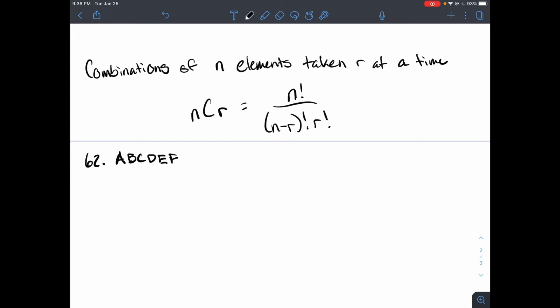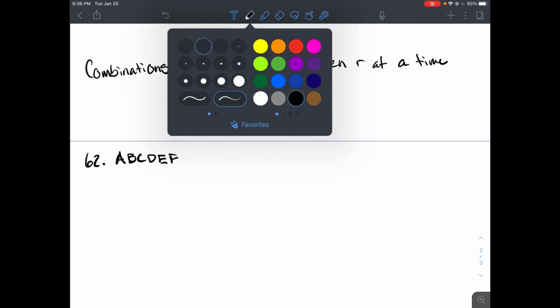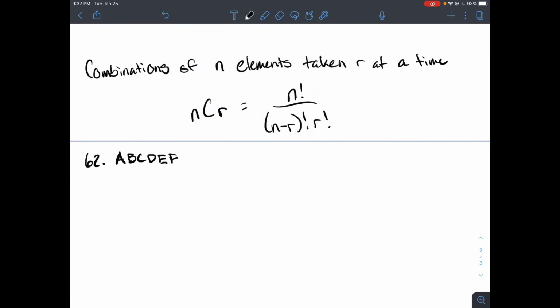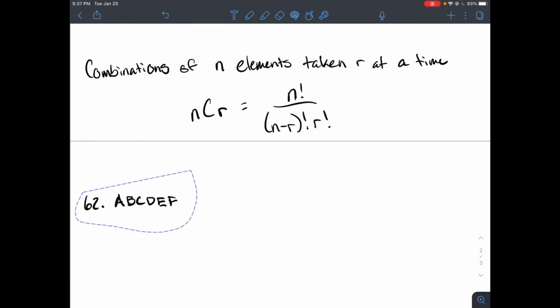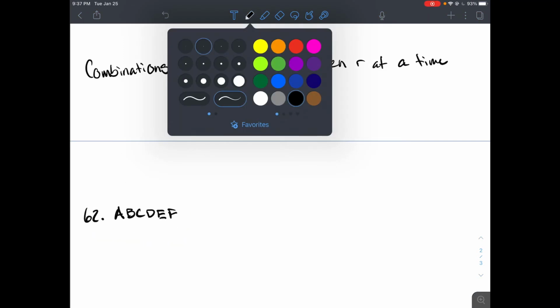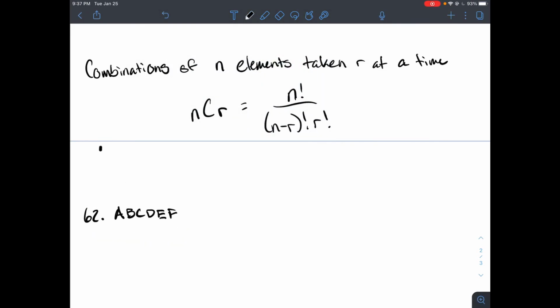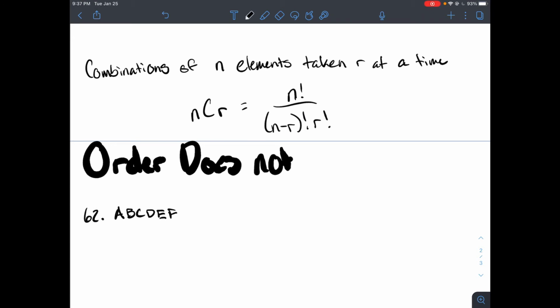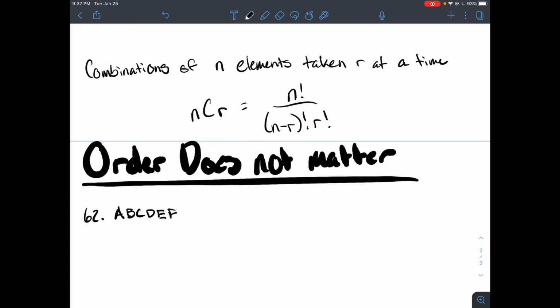One thing, this is very, very important. When we're talking about combinations, this is the biggest defining factor: order does not matter. Order does not matter.